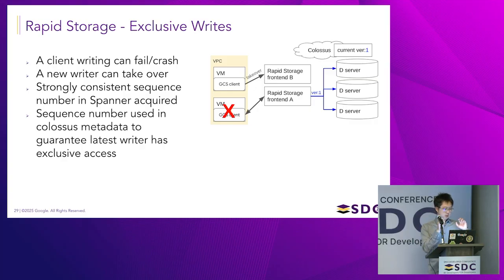And then we integrate that into the Colossus metadata to guarantee that the latest writer is the only one writing, and if the crashed VM was closed due to a network partition or something, if it later shows up, we can then reject the request saying, sorry, you're not the latest writer. So this is a bunch of additional work that we've done to provide more file system type semantics. You can allow for exclusive writer capabilities.